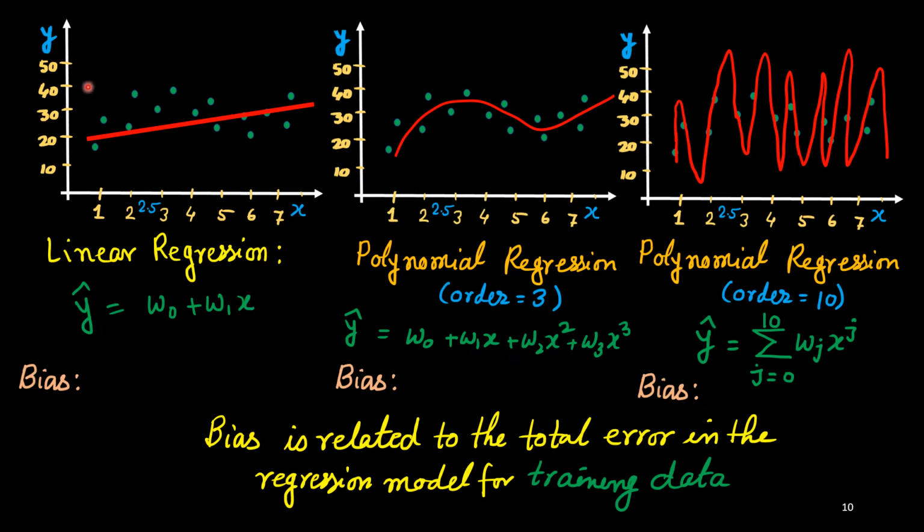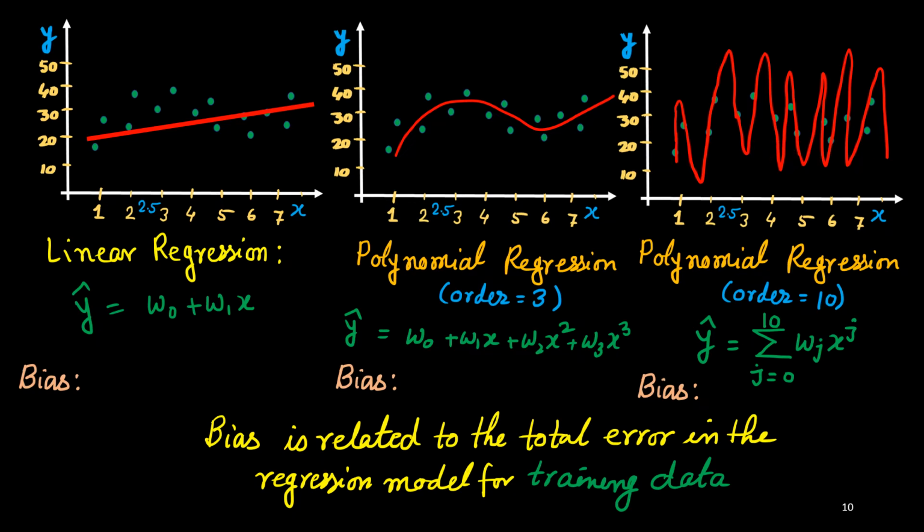Easily we can understand that linear regression will give a large error. Here the error is less because the points are closer to this line. And here the error is minimal, almost zero.